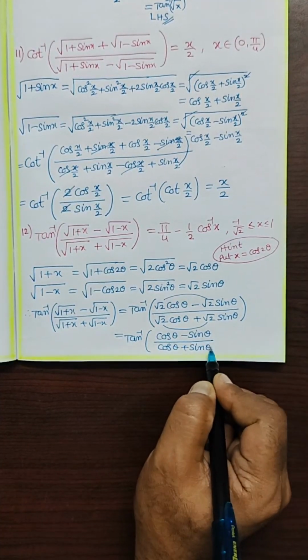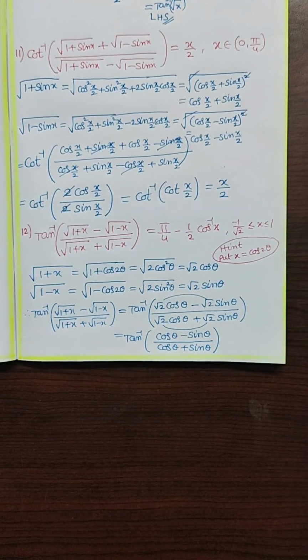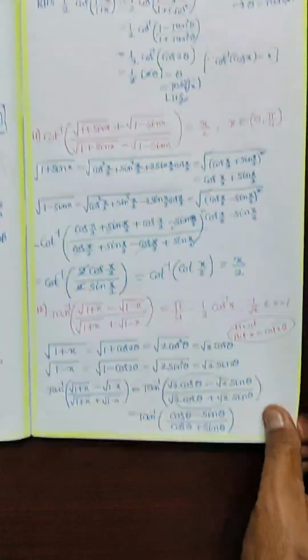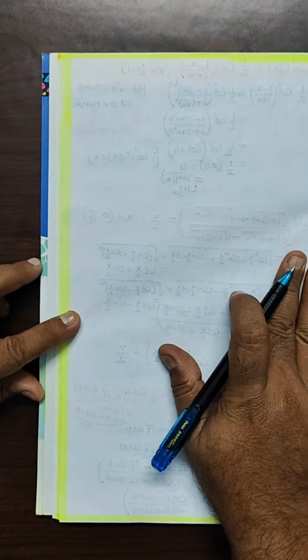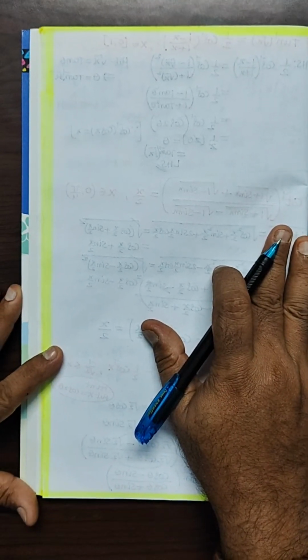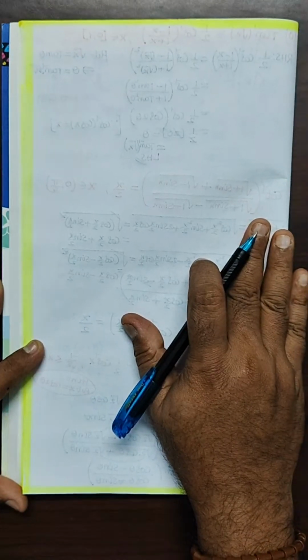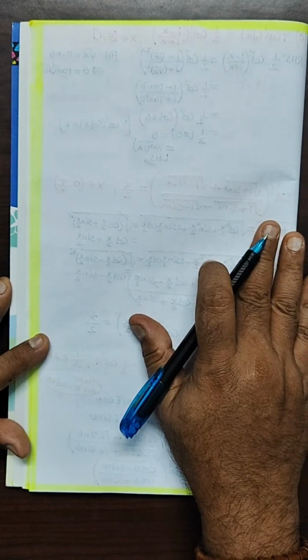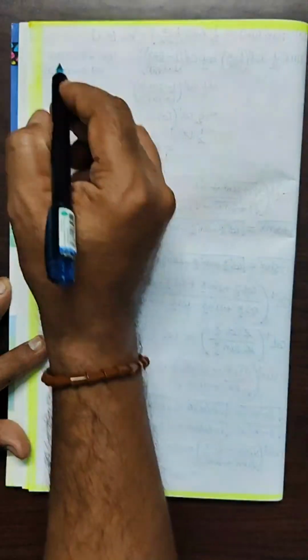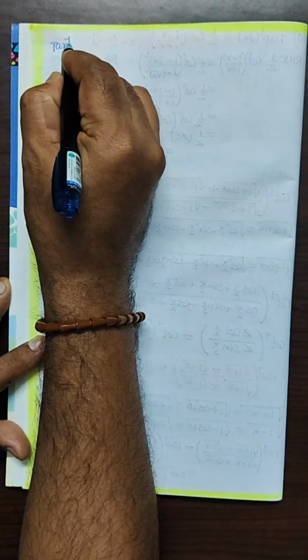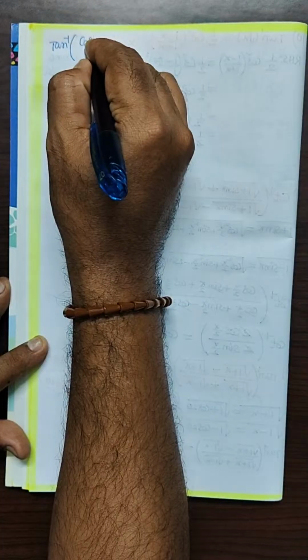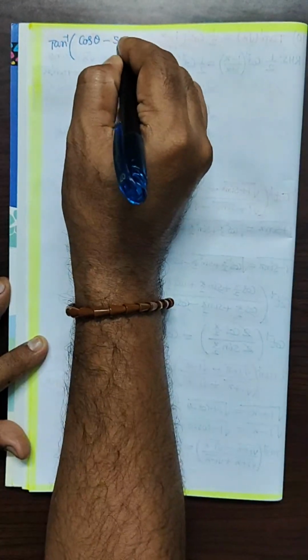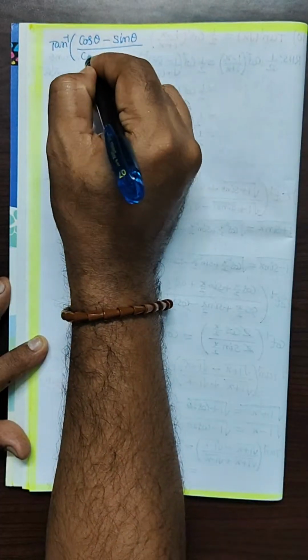Okay, dear students. So tan inverse of (cos theta minus sin theta) divided by (cos theta plus sin theta).